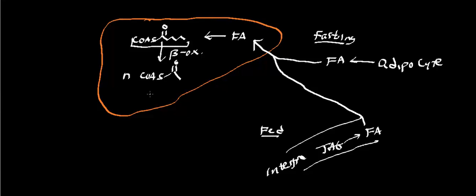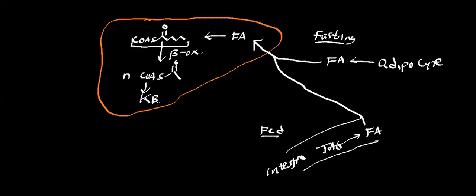It'll be some number which will depend on how many carbons the fatty acyl-CoA is, but in general, it's just going to be some amount of acetyl-CoA. Now what we're going to say is the acetyl-CoA will go into ketone body biosynthesis. So the story is really the same in both the fasting state and the fed state.